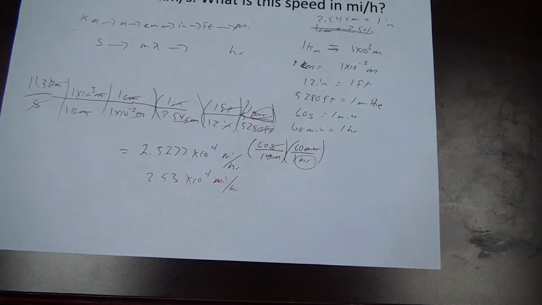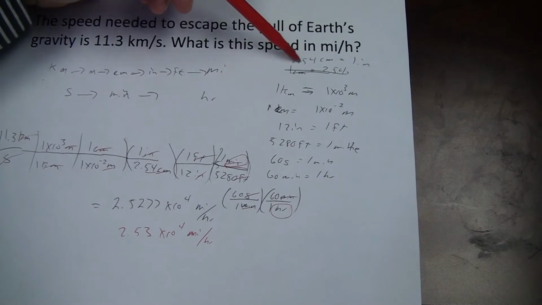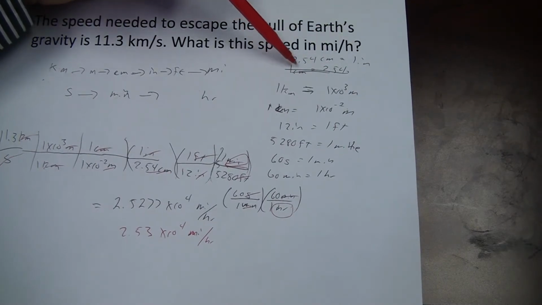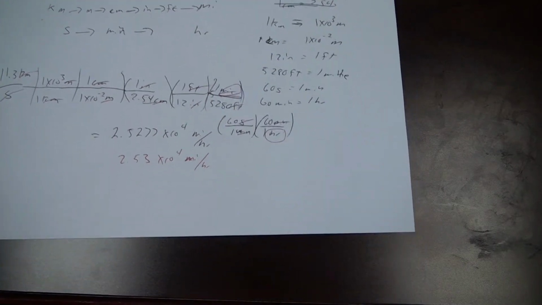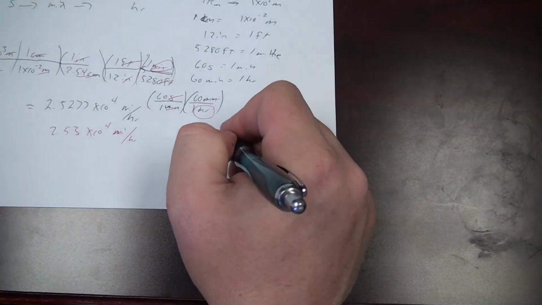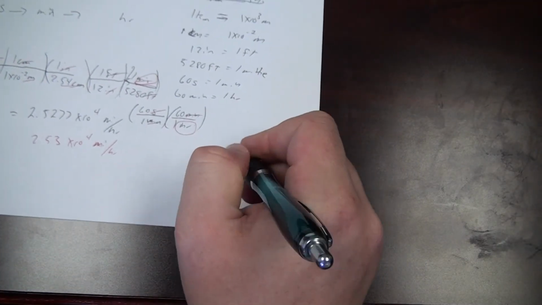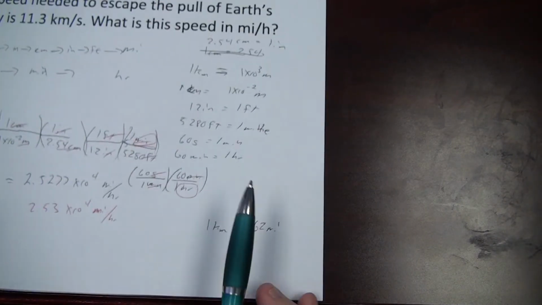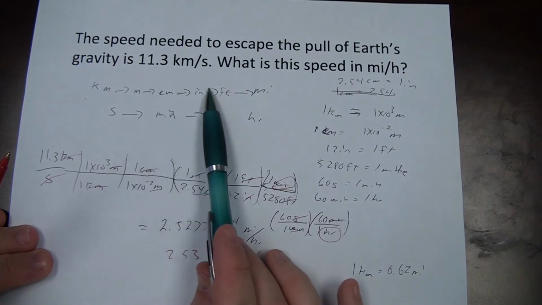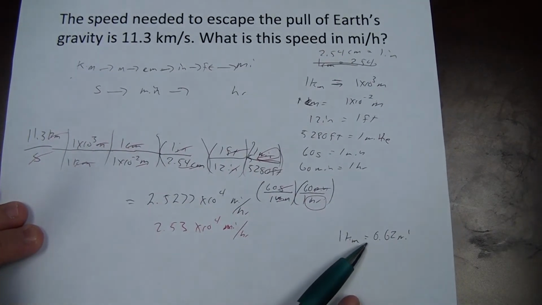Right? That's a longer way to do it based on the fact that I remember this conversion, 2.54 centimeters in 1 inch. We can also look up the fact that 1 kilometer is equal to 0.62 miles. So instead of doing all of these conversions, we only have to do a single step from kilometers to miles.